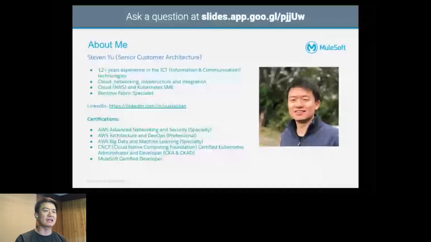My specialty is cloud, especially AWS. I'm a certified AWS professional and specialty. I also have Kubernetes certifications. My work used to help customers on the platform side, designing and troubleshooting connectivity. And now RTF is one of my major focus areas. I'm the specialist in the team.